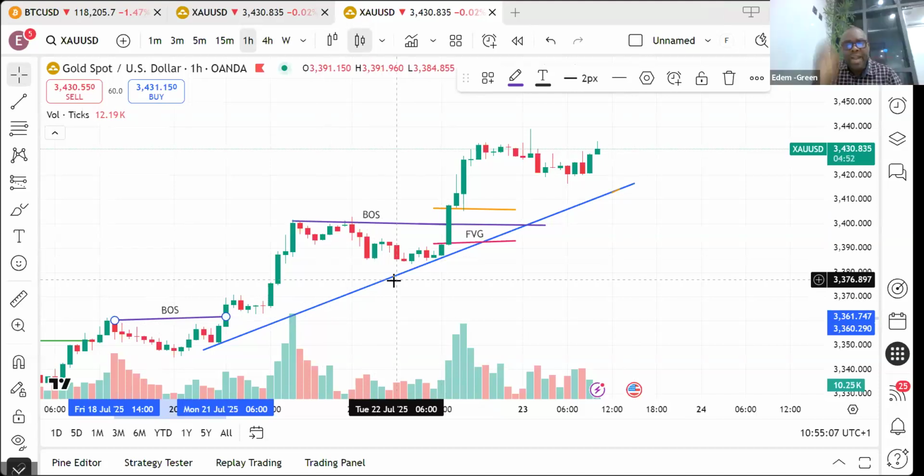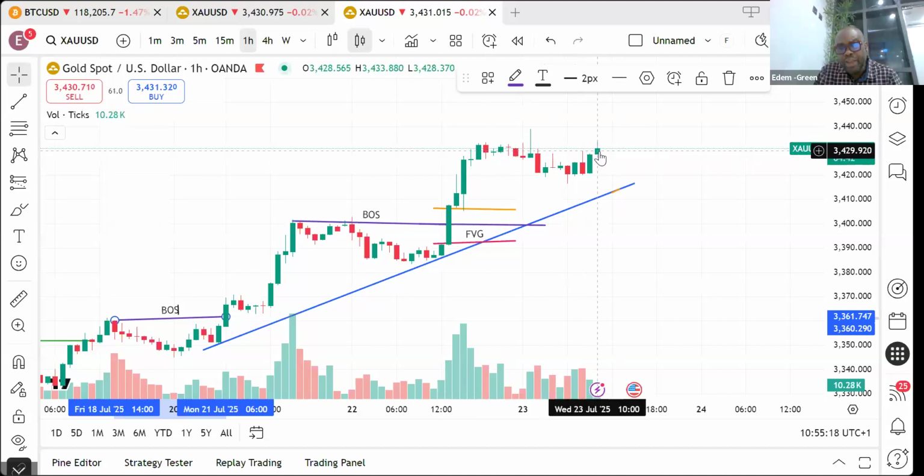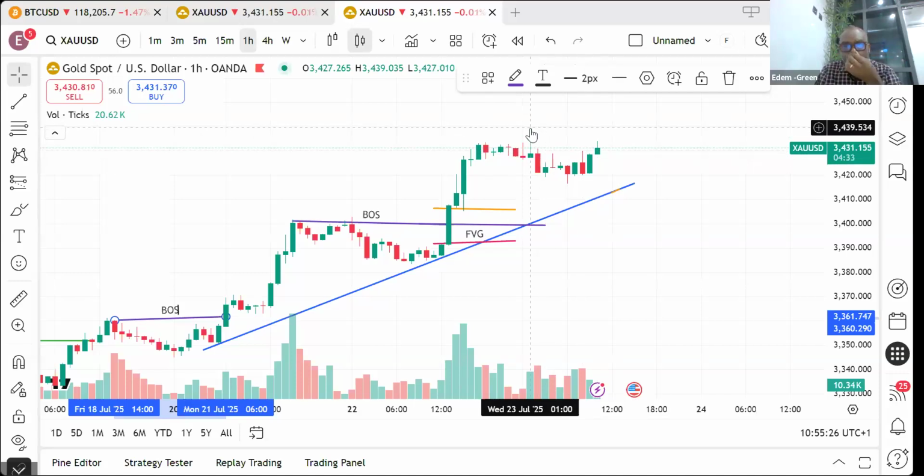Okay, that's good. So now, if we move a little bit higher to where the current market is, you see that if the current candle shoots up above the last high here, which was the wick, which we can also look at as a liquidity sweep or liquidity grab.